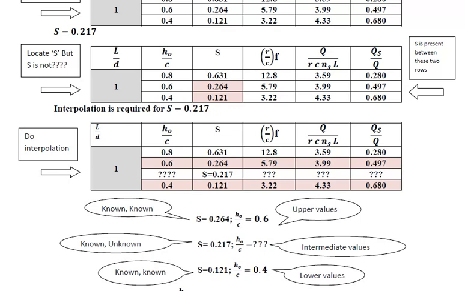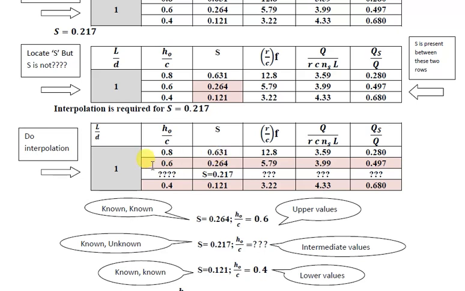Now how to do the linear interpolation? For that linear interpolation, we will write the corresponding S values, Sommerfeld values. So the upper value corresponding S is equal to this one, and for that one we have to find H0 upon C. So we will have the corresponding value.